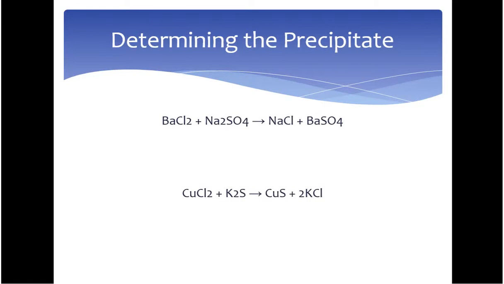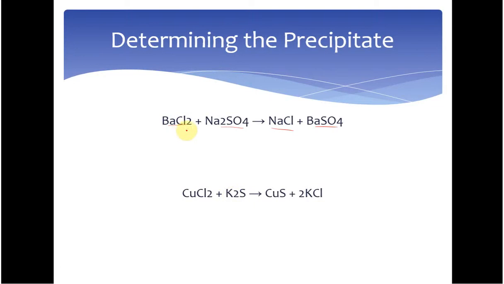So let's look at these reactions. Barium chloride plus sodium sulfate reacts to form sodium chloride and barium sulfate. Let's first look at what the main type of reaction is. It can't be synthesis because we have two compounds here, and there's two products here. It's not two things forming one.